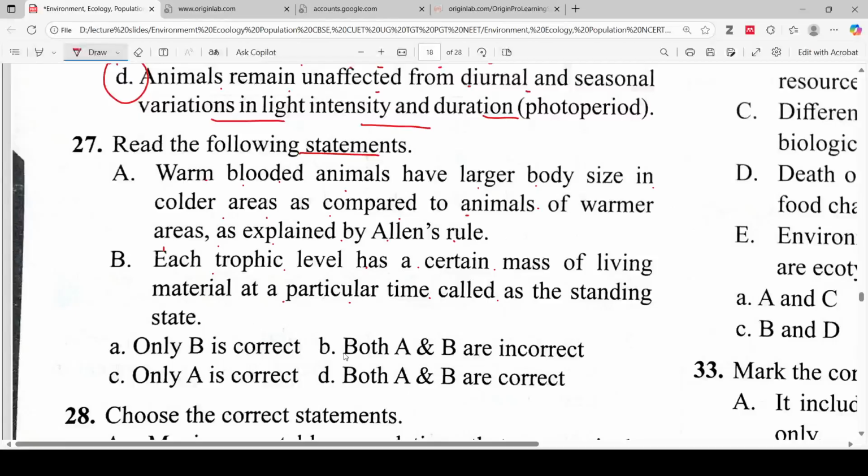So the correct answer will be option B. Both statements are correct.